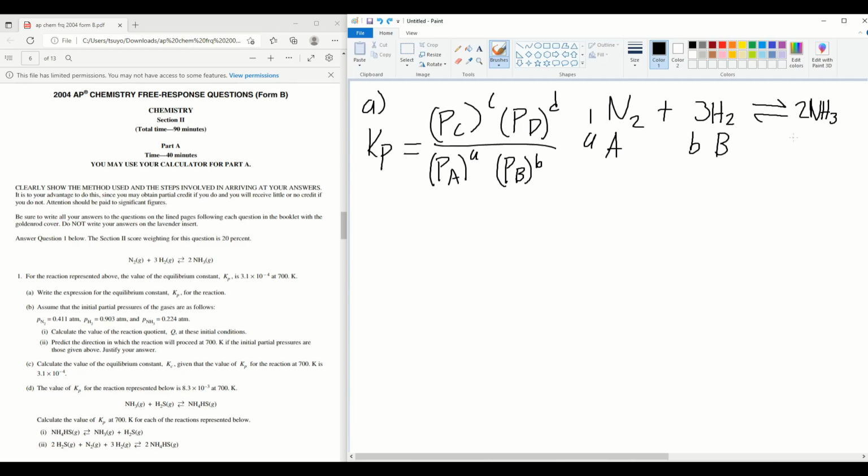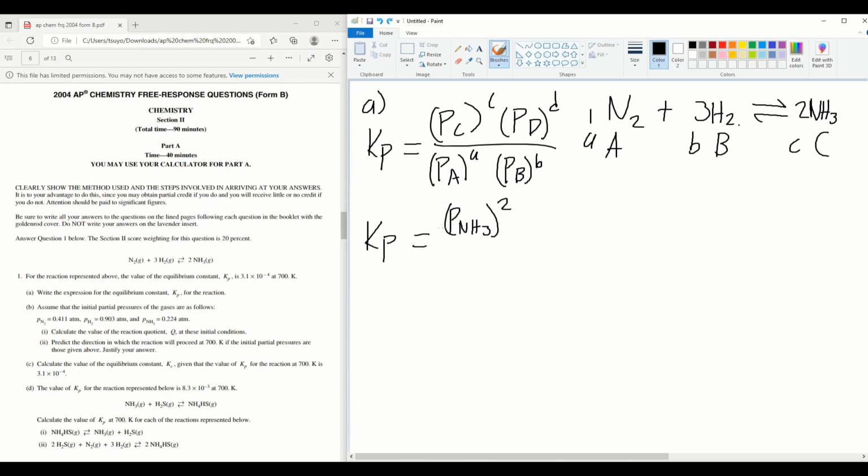product, so the little c here will be this coefficient, and then C, the large C, is what we're going to take from the pressure. So we just filled these in. So the expression for our equilibrium constant would be Kp equals P NH3, and then we square that because of this coefficient.